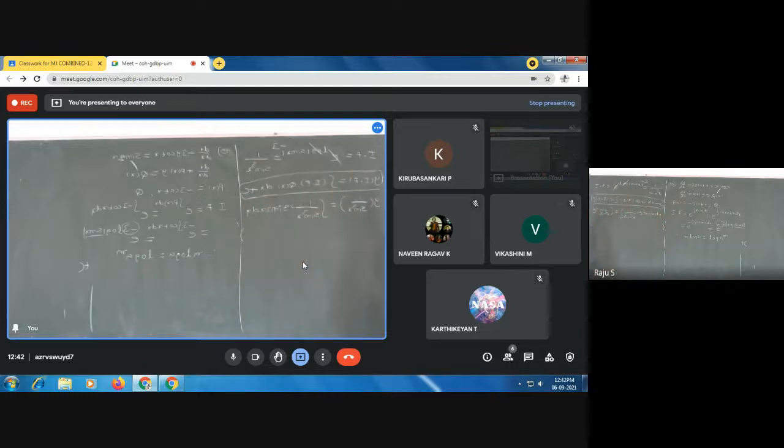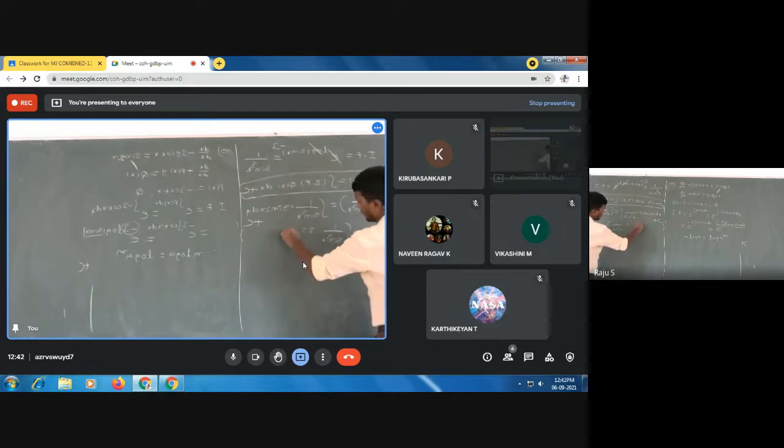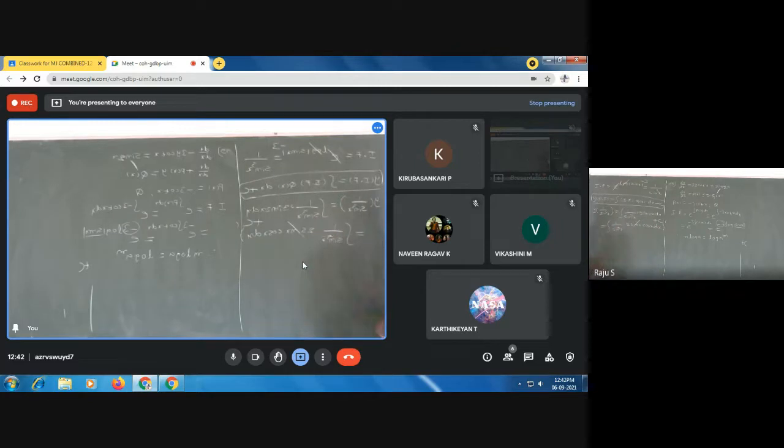What is the sin 2x formula? You can write 1 by sin cube x times 2 sin x cos x dx. Now one sin gets cancelled.